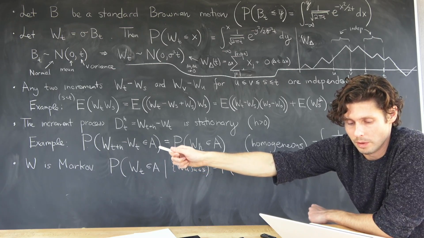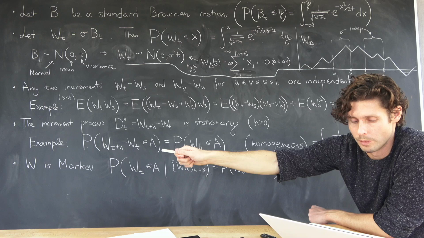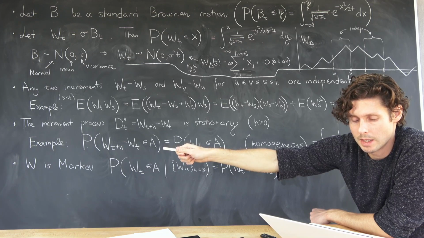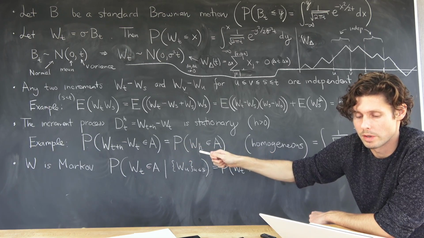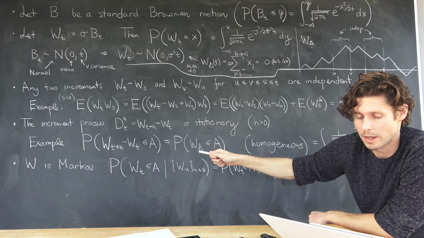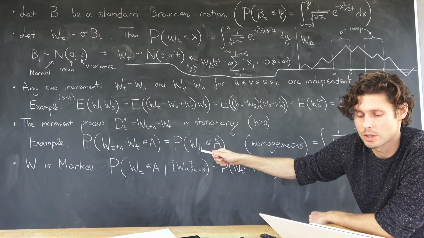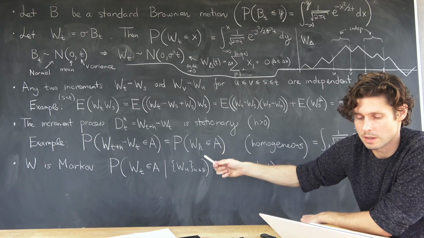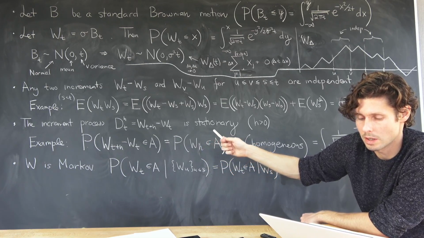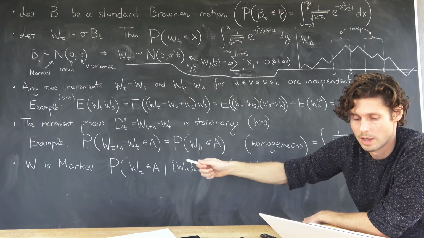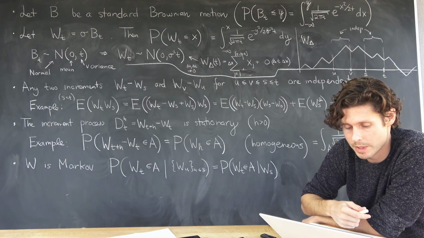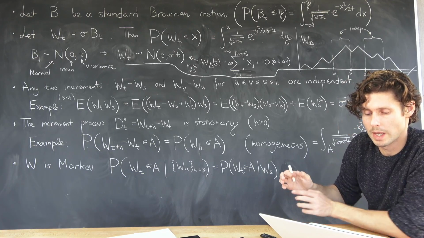So translating that from English to probability, the increment W(t+h) minus W(t) would be the same as any increment of length h, and in particular this one, the increment from 0 to time h. The elapsed time from 0 to h is just h, and so this is exactly what the stationarity condition asks for: an increment during which a time h has elapsed has the same distribution regardless of where that increment is placed.